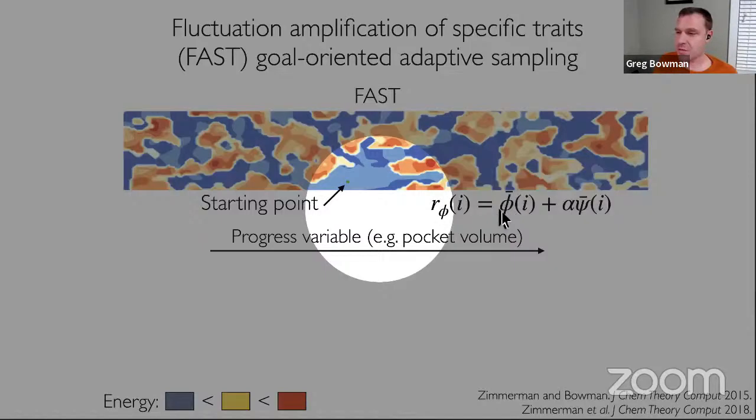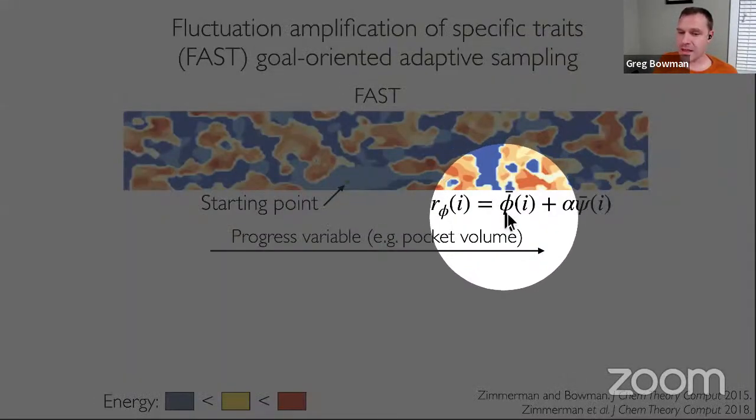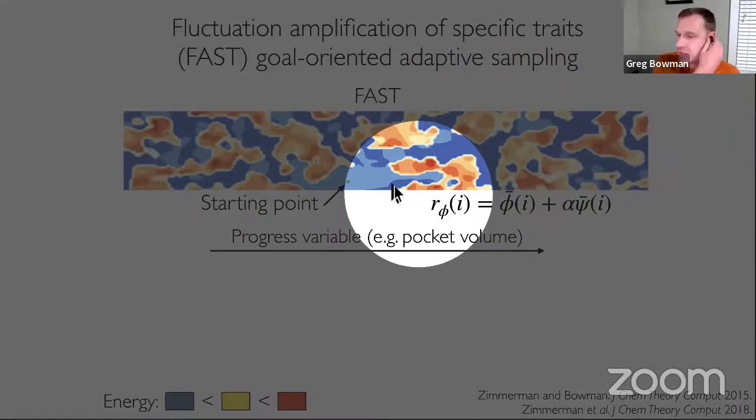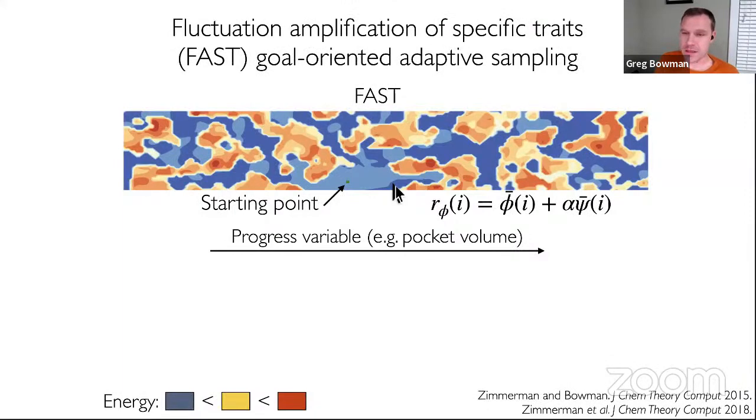This could be ranking things from smallest to largest total pocket volume, for example, or from largest to smallest RMSD to some target structure, or maximizing some distance, anything that you can measure from a single protein structure. So we'll rank things from 0 to 1, feature scaled along this progress variable. And so that's going to prefer to simulate things that are further to the right, other things being equal, than things that are further to the left.